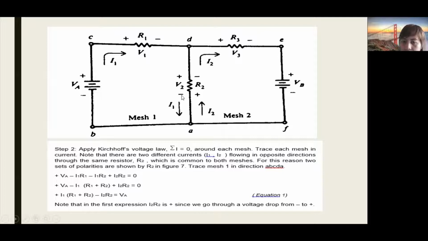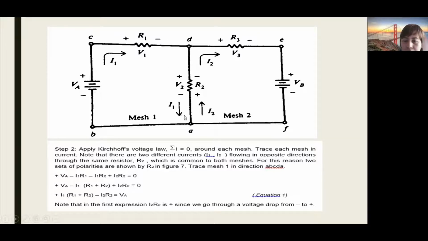So that's why it's positive. Unlike here, I1 is negative because it's from positive to negative.